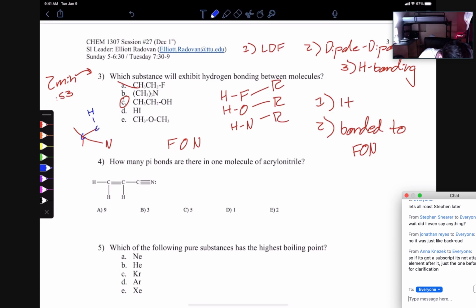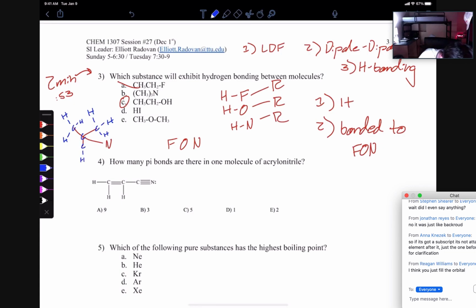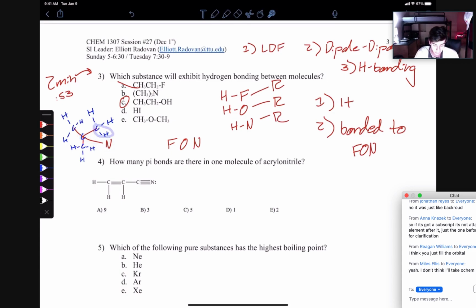Think of it as attached to hydrogens like so. What you can see here is that nitrogen is attached to the carbon and those hydrogens are not attached to that nitrogen. All those hydrogens are just attached to the carbon. So hydrogen bonding is not happening there.